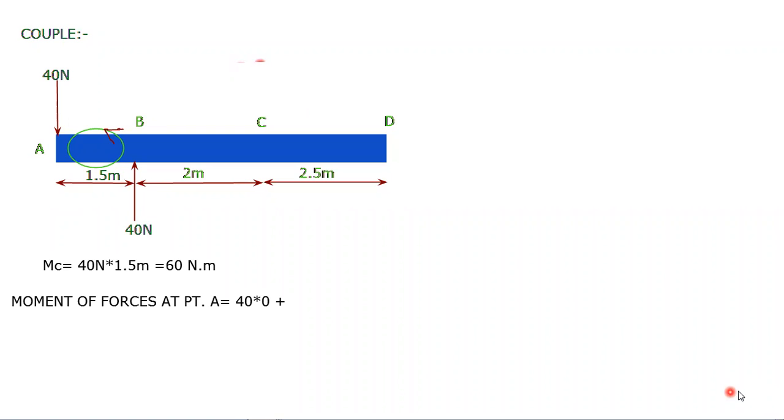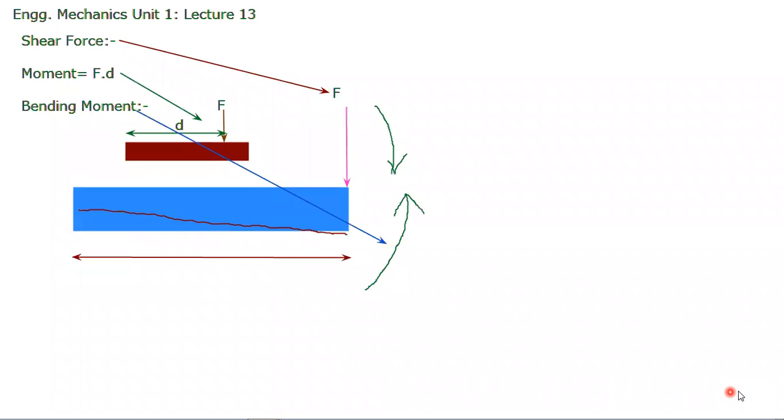So the sign convention for the moment is: anti-clockwise, we are assuming positive, and clockwise as negative.